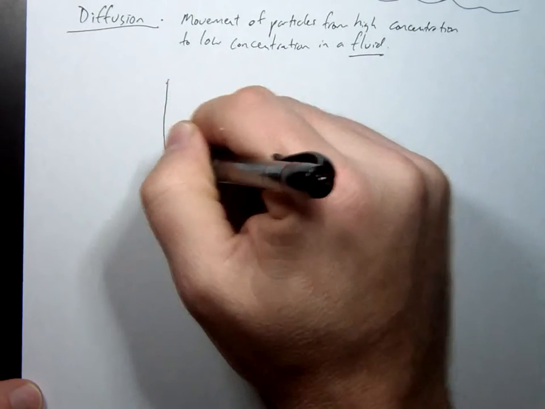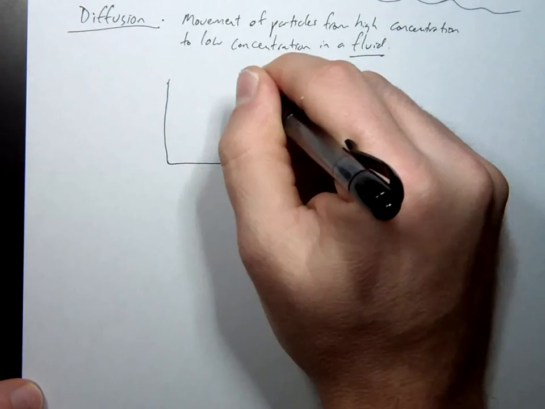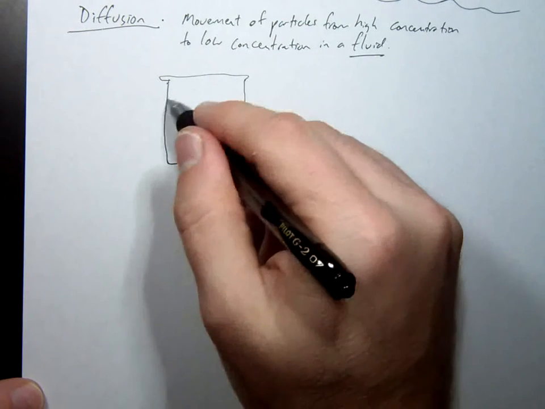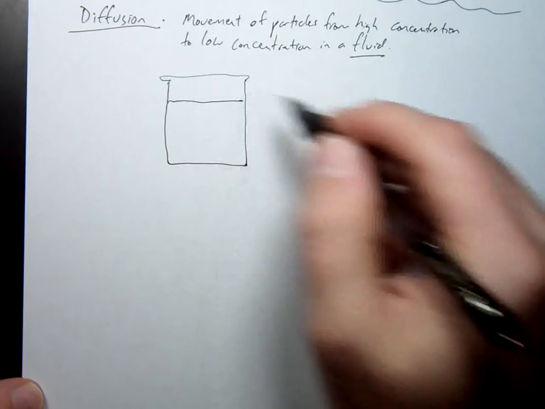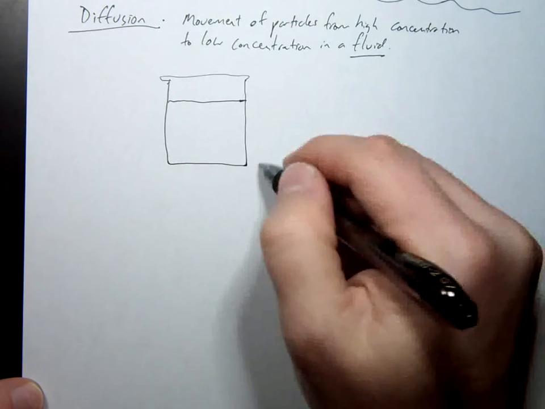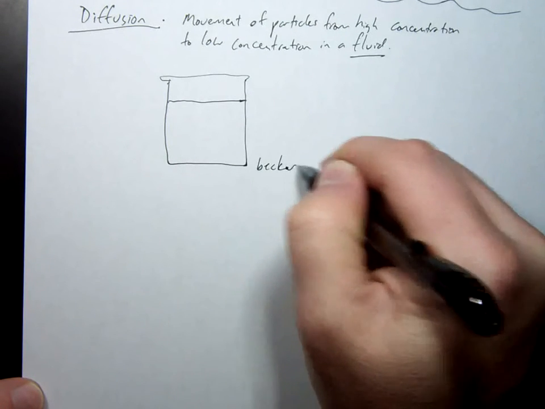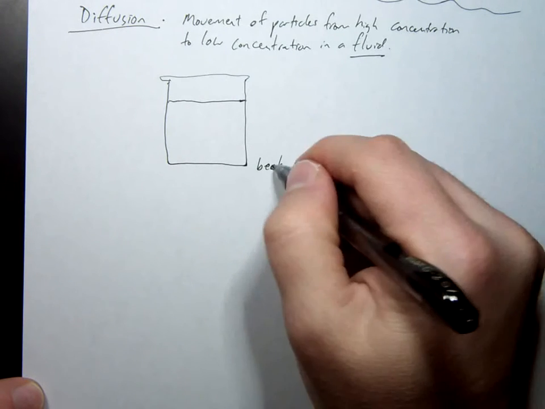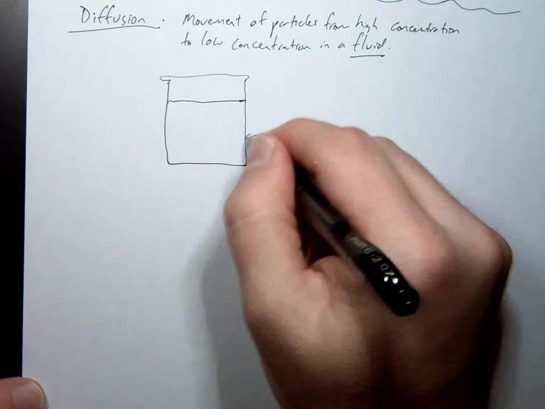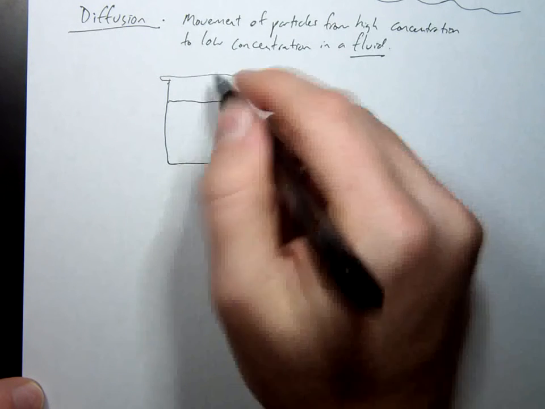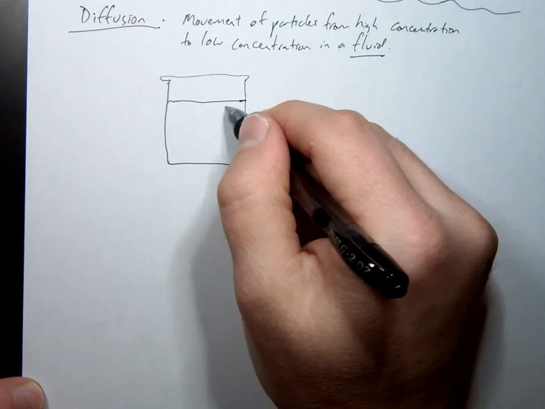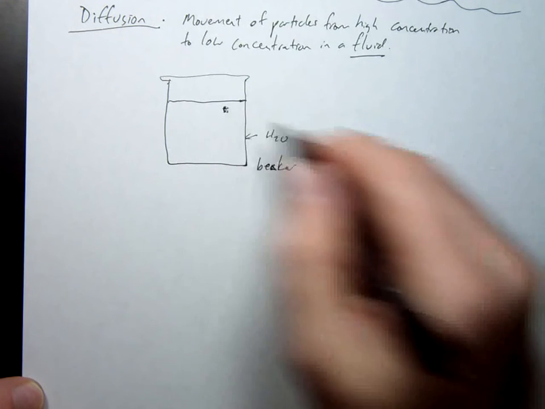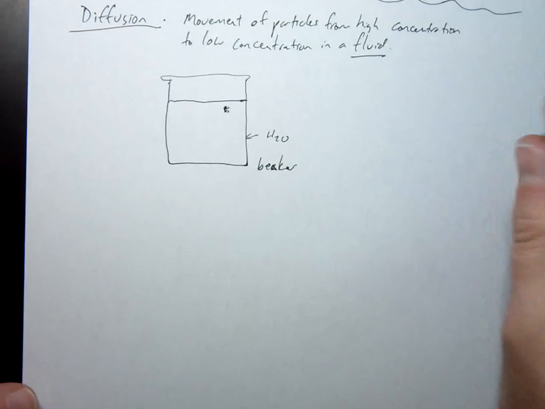That's a good question. So if we got a beaker here, this is a terrible looking beaker. Okay? Alright. I'll label it. This is a beaker. Water. If I put a drop of food coloring in here, okay, it won't take very long before that food coloring does what?